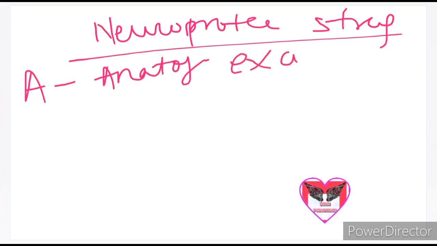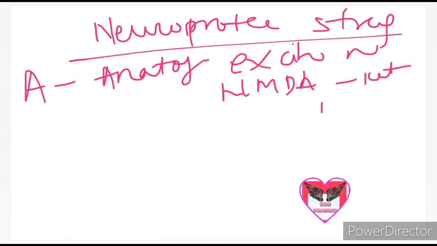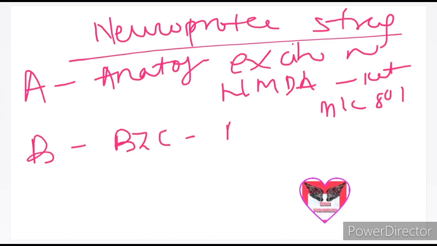So here mnemonics we have: A for antagonist of excitatory neurotransmitter like NMDA receptor, or like ketamine or MK801. We have benzodiazepine receptor stimulation like midazolam.